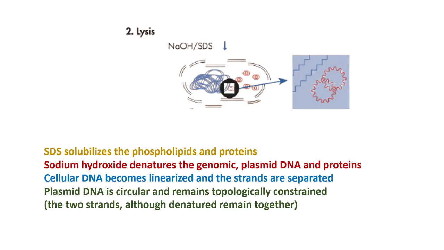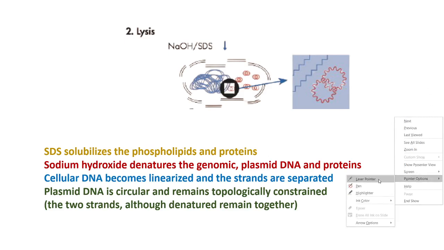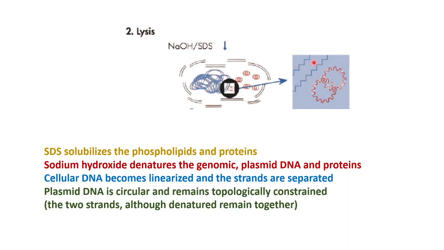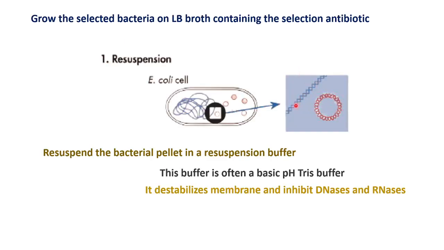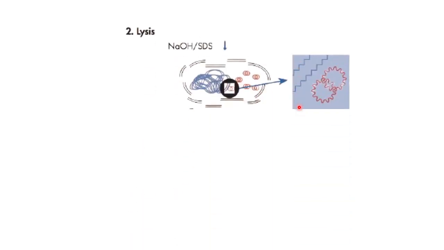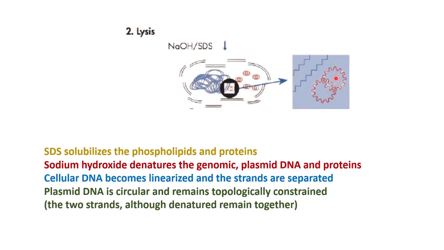So the genomic DNA, plasmid DNA, and the proteins get denatured. Genomic DNA and plasmid DNA get converted from double strand to single strand. We can go back to the earlier picture. You can see it was double stranded, the circular plasmid DNA as well as the genomic DNA. Both were double stranded, but here you can see it becomes single stranded.